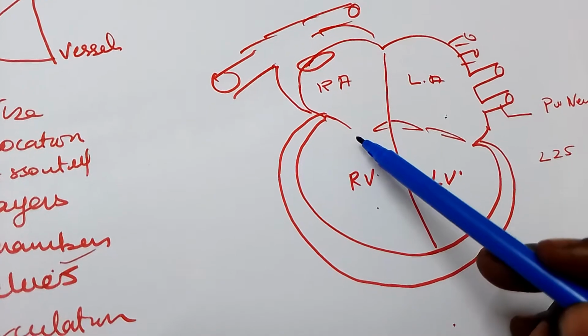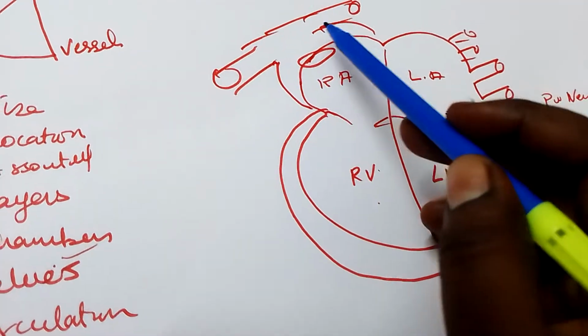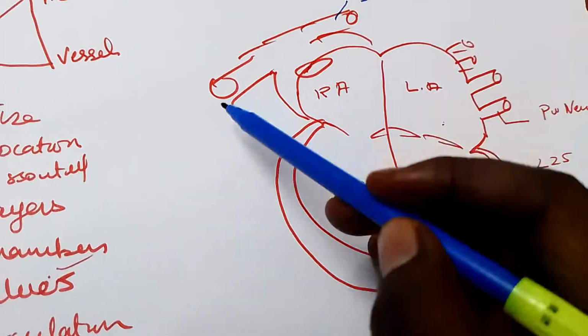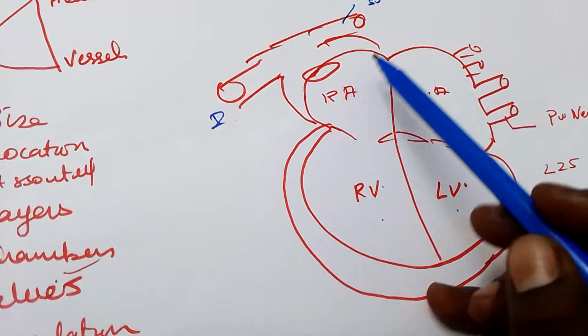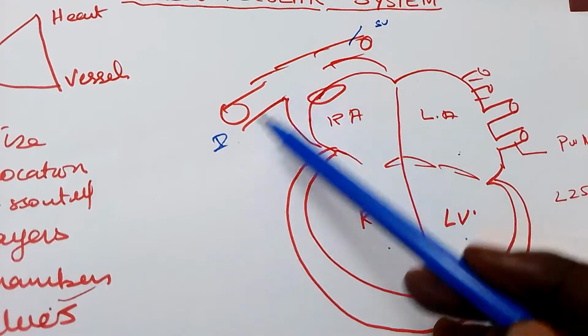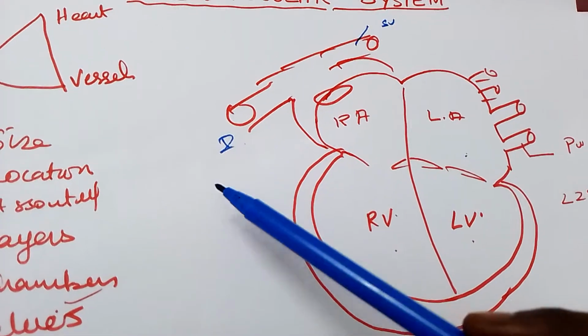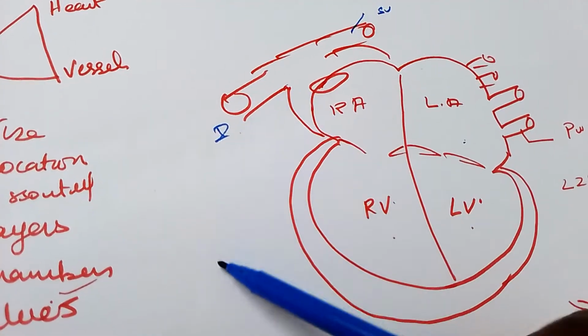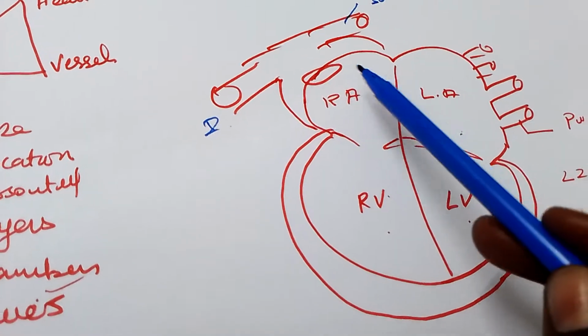Why deoxygenated blood? Because we have the superior vena cava and inferior vena cava. The superior vena cava collects blood from the upper portion of the body, and the inferior vena cava from the lower portion of the body, bringing deoxygenated blood to the right atrium.